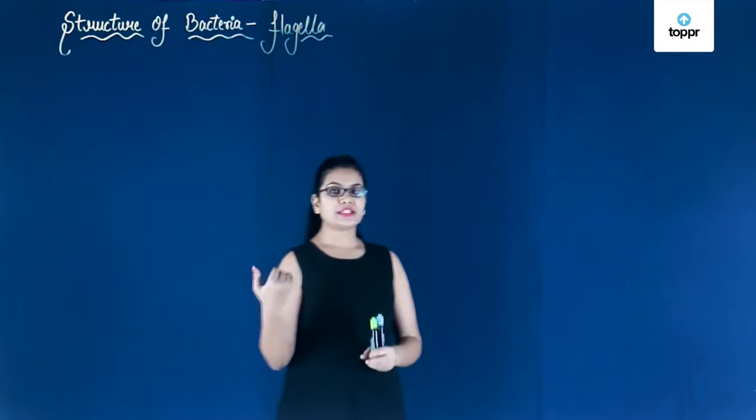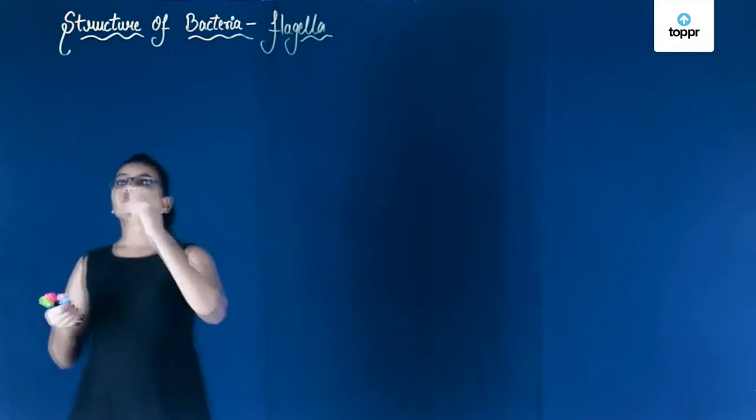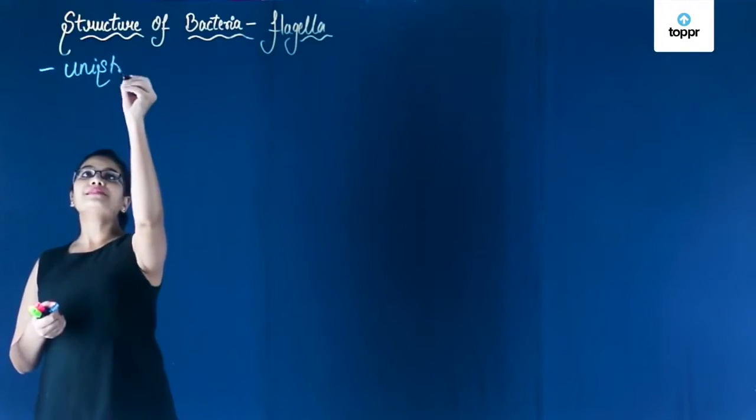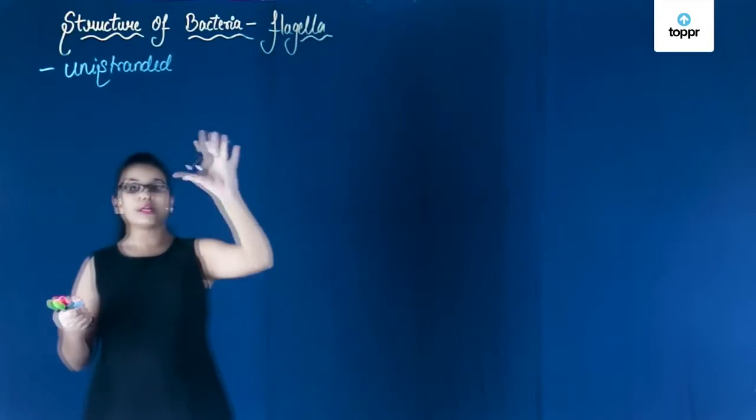Hey kids, let's learn about the next part of a bacterial cell, which is the flagella. Flagella, as we know, is the locomotory organ of a bacteria. It is uni-stranded, and this uni-stranded flagella is equivalent to a single microfibril.